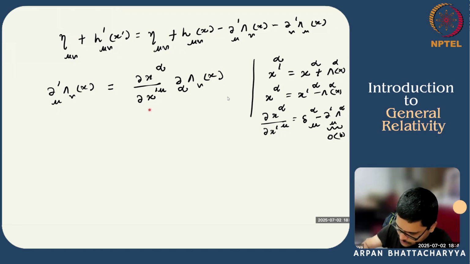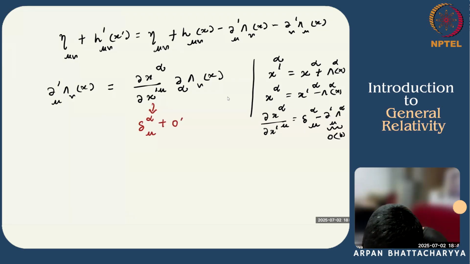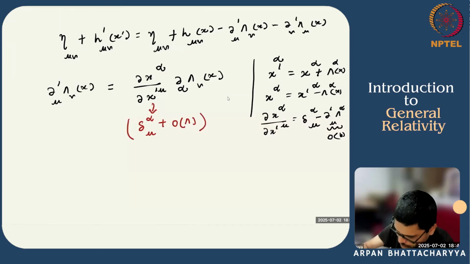So the upshot is that this term is nothing but some new Kronecker delta plus some order h or lambda, whatever it is, lambda. So this is multiplying with this lambda nu of x.